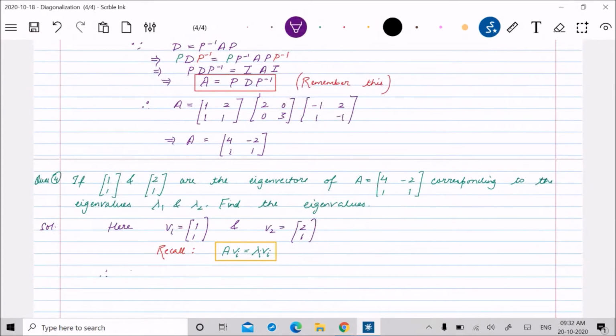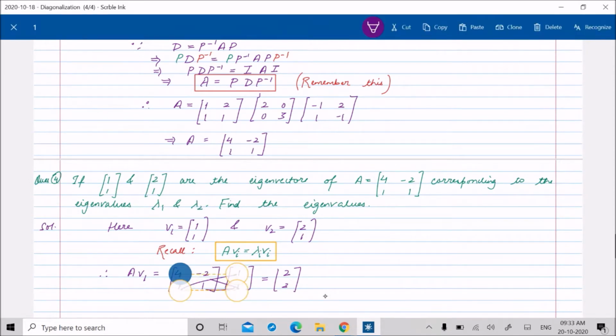Now, therefore, A times V1 equal to, what's the value of A? A is 4 minus 2 1 1. The value of V1 is 1 1, and if you multiply them, then 4 minus 2 will be 2, and 1 plus 1 will be 2, right? I hope you got this multiplication.